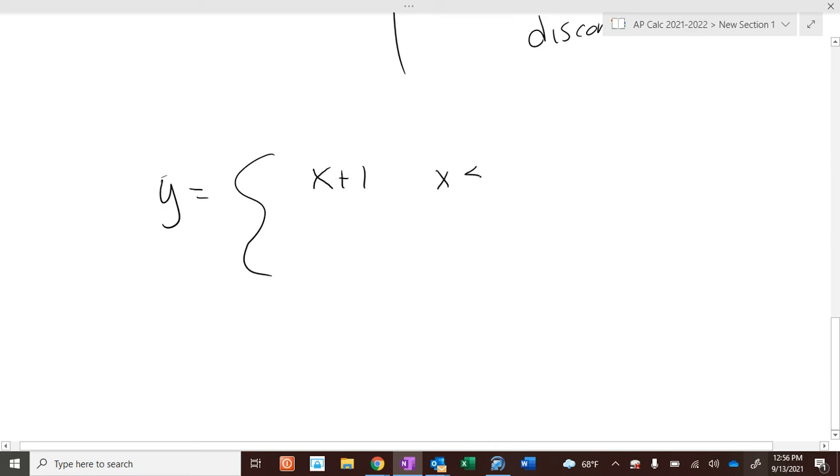Now, we're going to get to problems where the graphs aren't there for us. No graphs. So y is equal to x plus 1 when x is less than or equal to 1, and then 2x minus 3 when x is greater than 1.